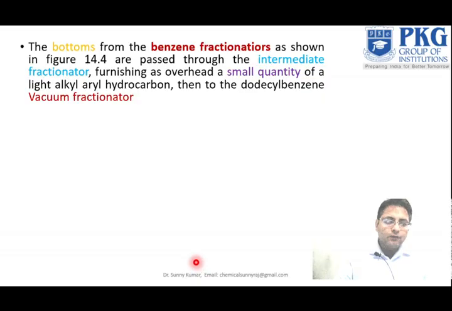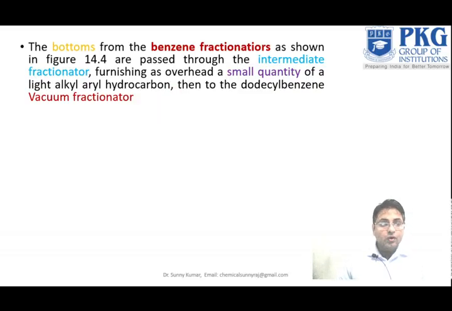From the bottom of the benzene fractionator, as shown in figure 14.4, we directly send it to another intermediate fractionator, furnishing as overhead a small quantity of light alkyl aryl hydrocarbons, and then to the dodecyl benzene vacuum fractionator.